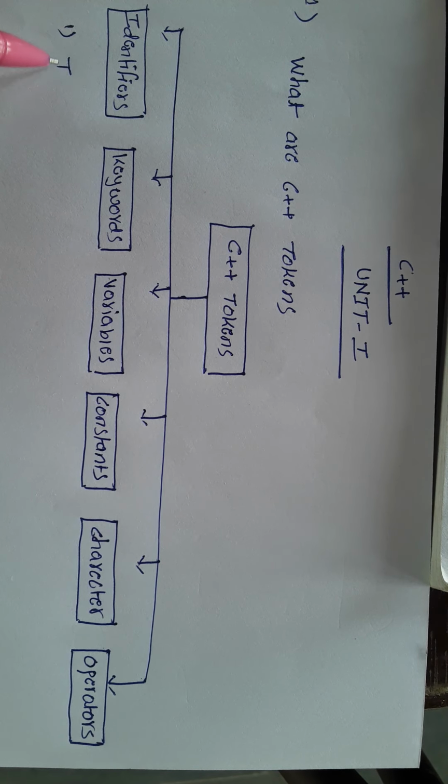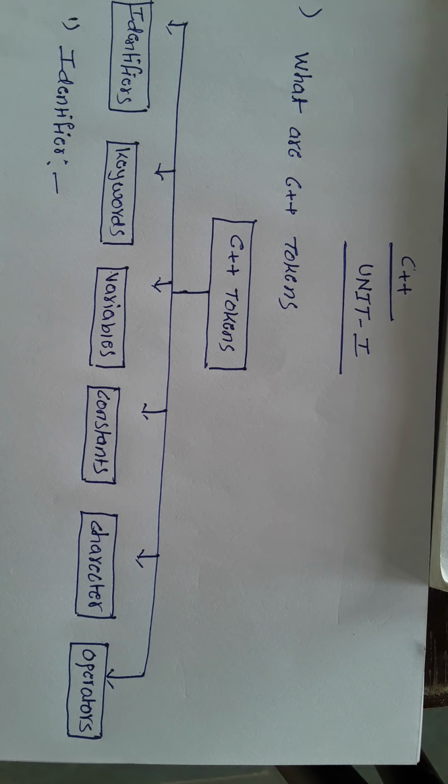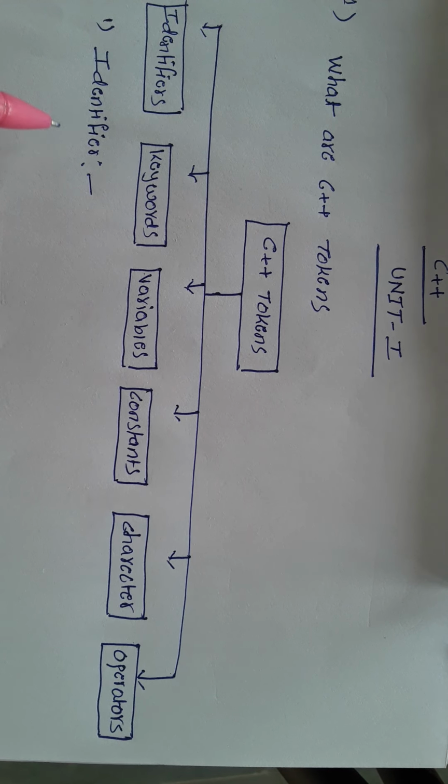First, identifier. An identifier is simply the name of a variable or a function or a label, and various other user defined items are called identifiers. Okay, note down the definition.